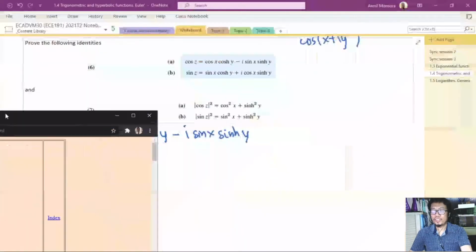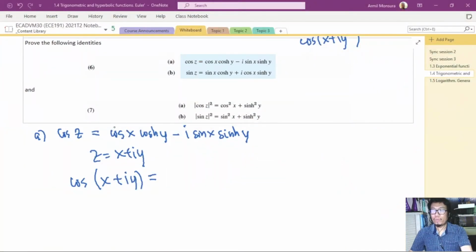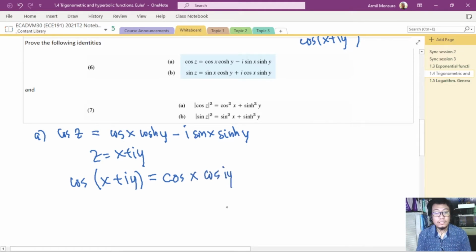So using that identity, we can actually write this as cosine of x times cosine of iy, minus i sine of x sine of iy.